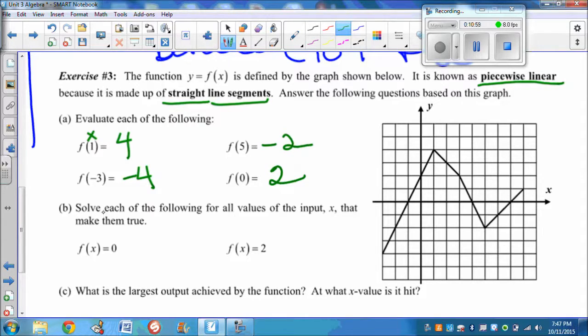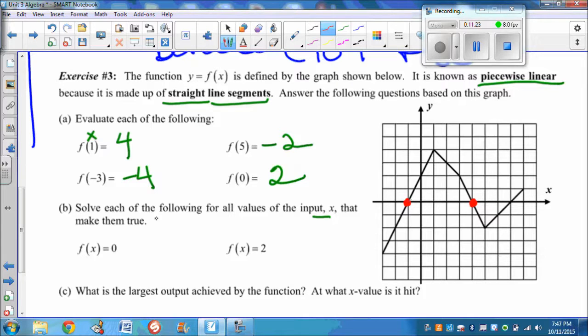So part B says, solve each of the following for all values of the input x that make them true. So we're looking for the x given the y value. So if my y value is 0, what's my x value that goes with it? I see a y value there that's 0 and a y value there that's 0.